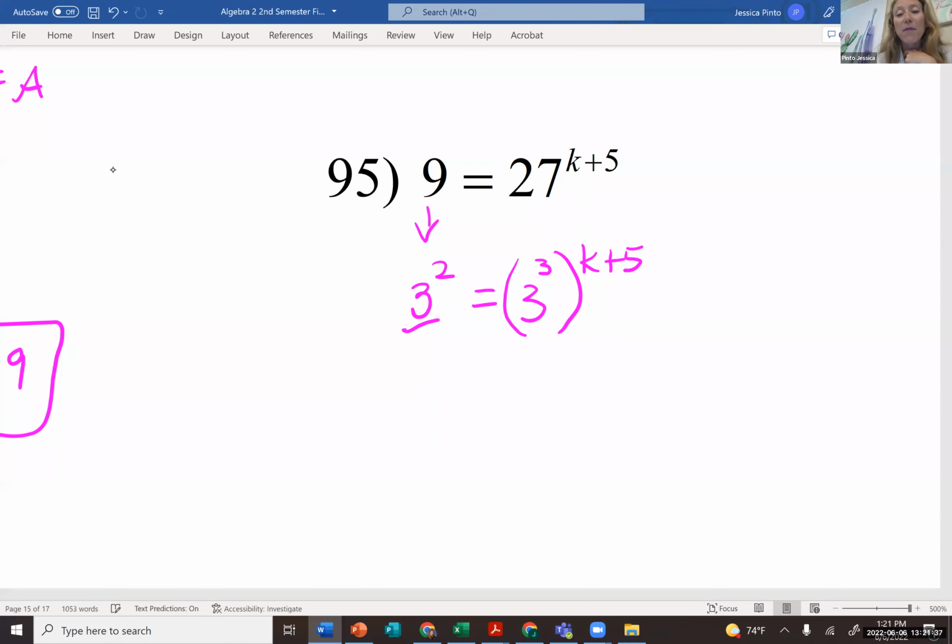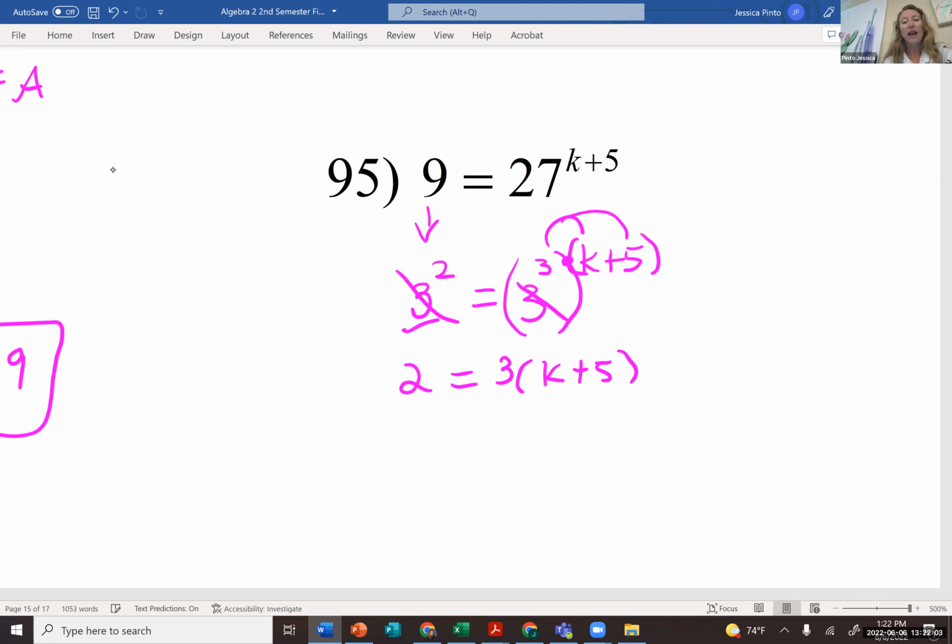What we might not have remembered is that these powers multiply. So I'm going to add in a parenthesis here to remind myself to distribute the 3 when I'm solving this. When I have the same base is equal to the same base, but the exponents are different, then I just say 2x, nope, just 2 actually, is equal to 3 parentheses k plus 5.